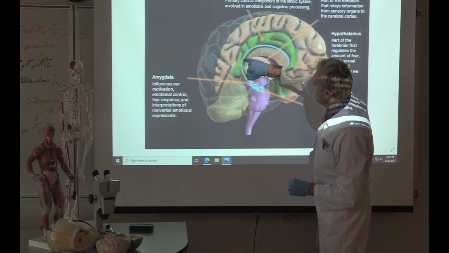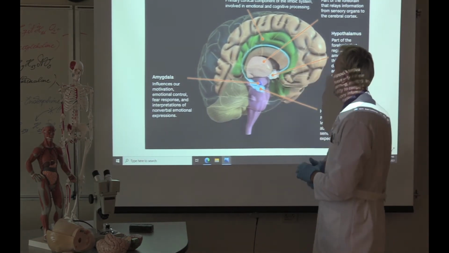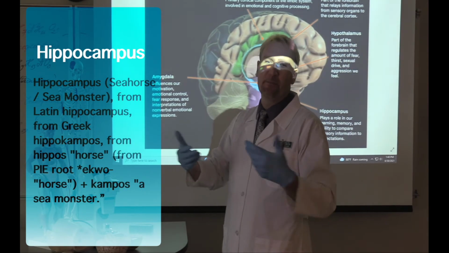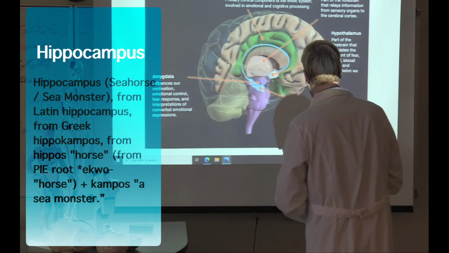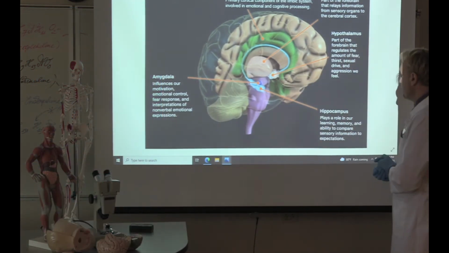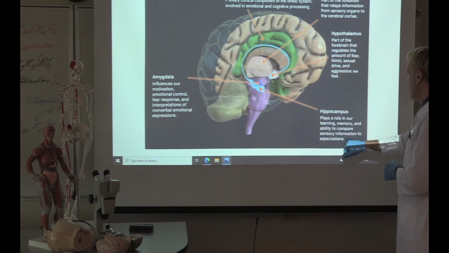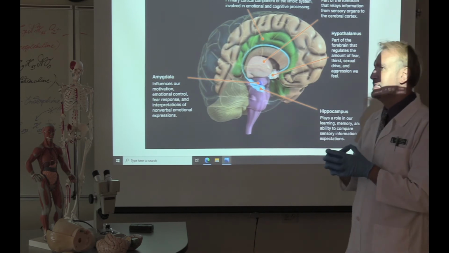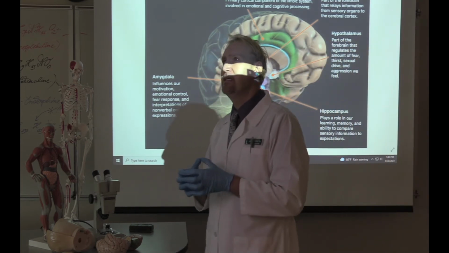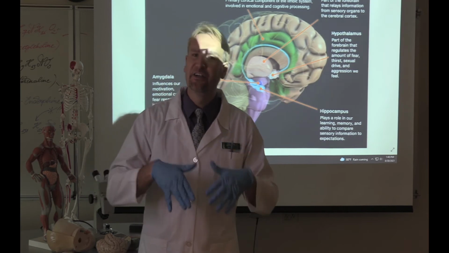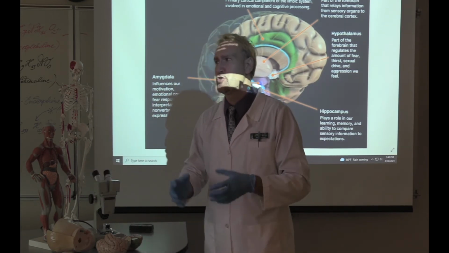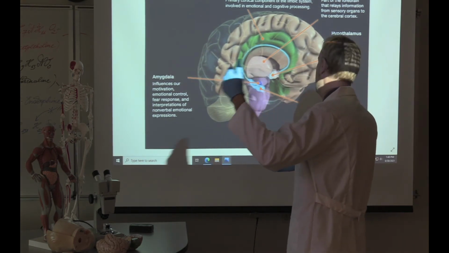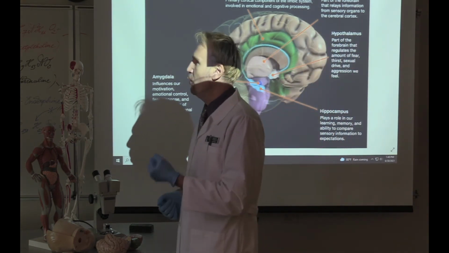Finally, this light blue structure here that really looks like a seahorse, and not surprisingly, the Greek term for seahorse is hippocampus, from hippo. The hippocampus plays a role in our learning, memory, and ability to compare sensory information to expectations. So it's also the part that is able to incarnate us, to root us, to glue what we imagine is going to happen and what is happening at the moment.